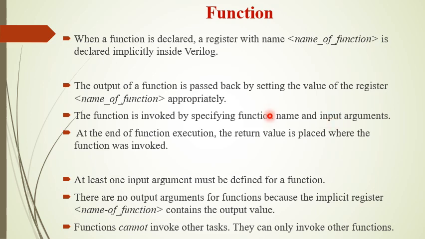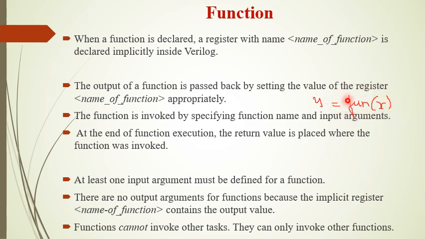So while invoking, you will be specifying to the left hand side of the function call a signal or a variable which is going to hold the return value of the function. Say like this: y equal to fun. Say fun is the name of the function and x is the one argument that is being passed to the function.